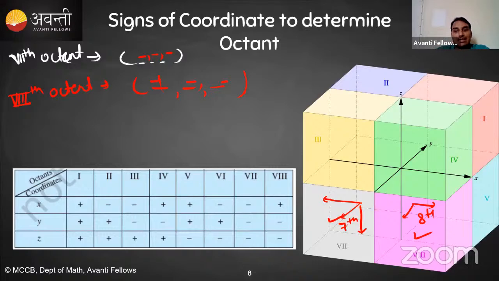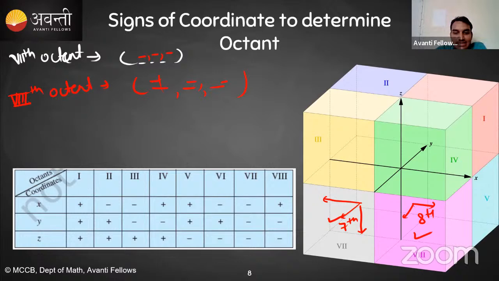There is another method also, if you want to remember. I'll tell you one more method. There are how many octants? 8 octants, right? In the first 4 octants, since they are on the first floor, z should be positive.